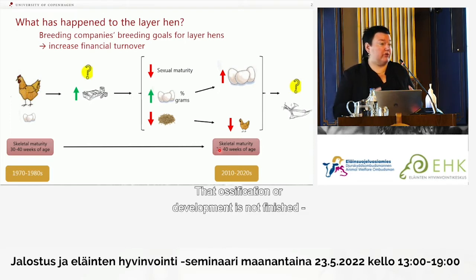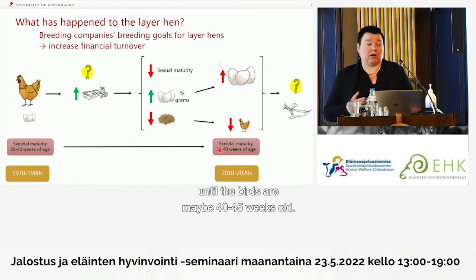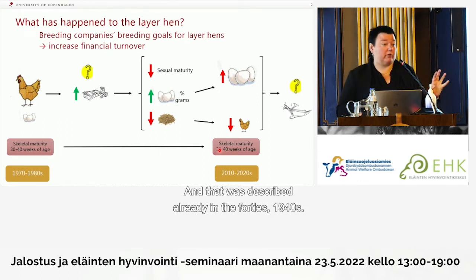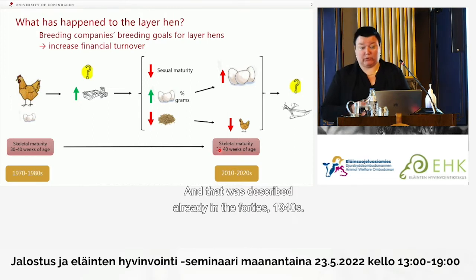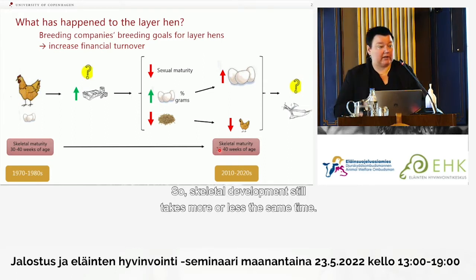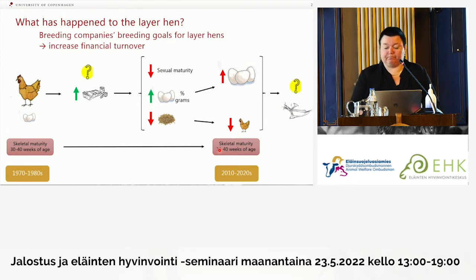That ossification or development is not finished until the birds are maybe 40-45 weeks old. That was described already in the 1940s, and we can see that it is still the case. So skeletal development still takes more or less the same time.